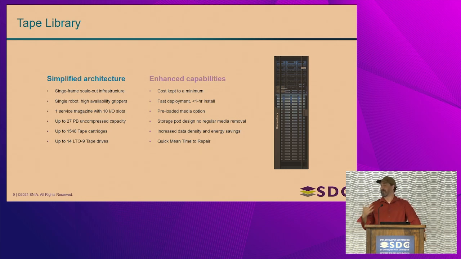The last one is migrating to new technologies. I just wanted to hit on that one too, since that was brought up a lot during this week from other technologies. What we're doing with Deep Archive is to ensure this is a black box solution, which you're not going to be moving media back and forth from. It is designed to be LTO9. You buy one of these, you're buying an LTO9 Deep Archive system. If 5 years from now you need to expand your capacity, you can buy an LTO10 or 11 or whatever we're on.